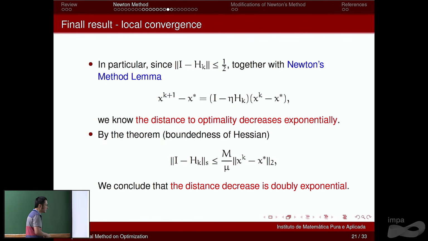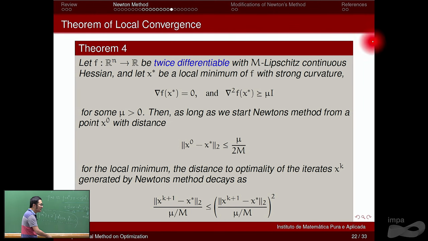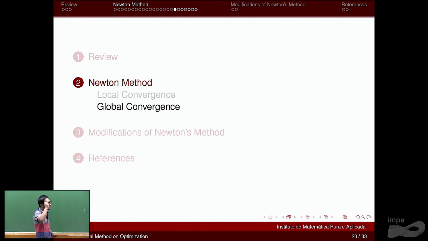Then you put these two together, and you get the distance decreasing double exponentially, which is exactly the conclusion of this theorem with two assumptions. One is your initial point is close enough. The other is your Hessian should be Lipschitz continuous, and you have a strong curvature at the solution. So this is the conclusion about the local convergence of the Newton method.